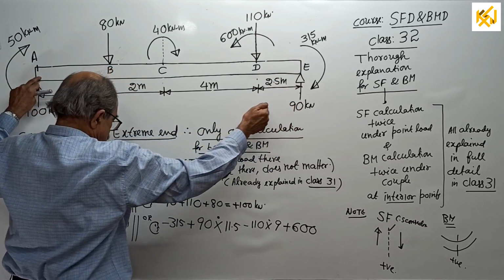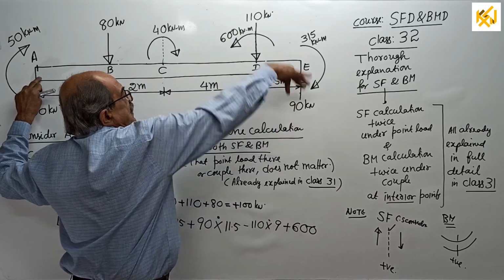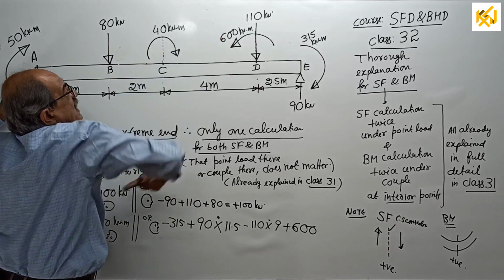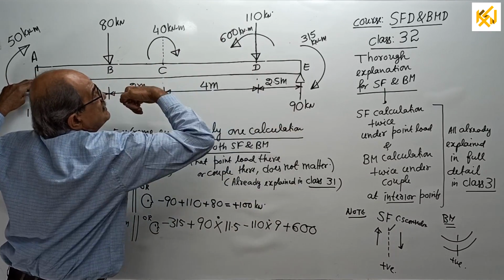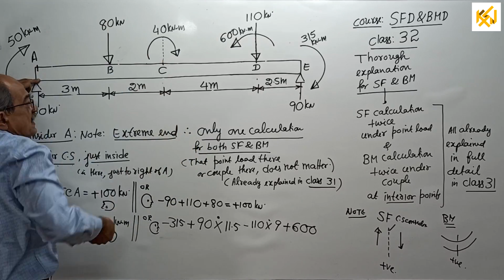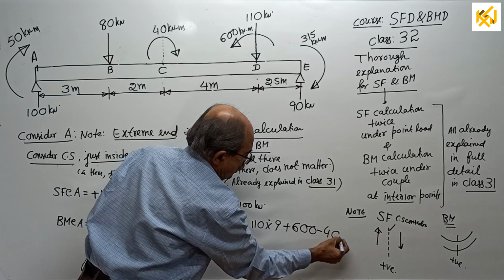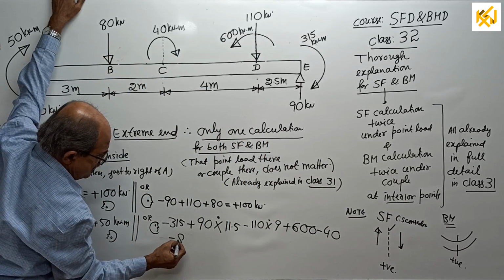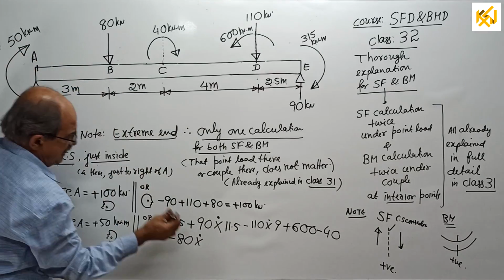First do one thing, in order: minus 315 plus 90 into this distance, already over, minus 110 into this distance, then plus 600, minus 40, see there only, that's all, then minus 80 multiplied by here, 80 into 3.